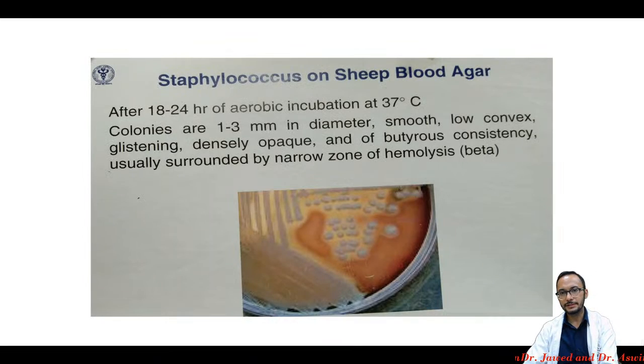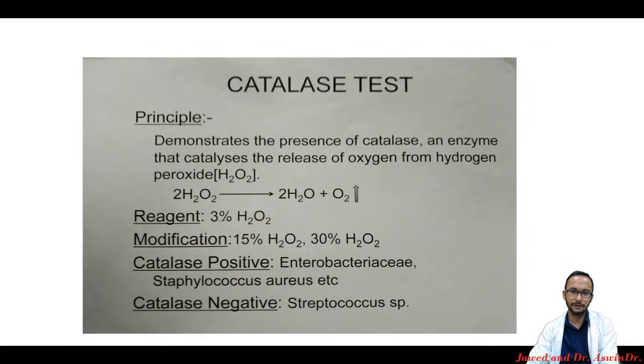To see the hemolysis produced on the blood agar, basically we use 5% sheep blood agar, and it is not properly produced in human blood agar.